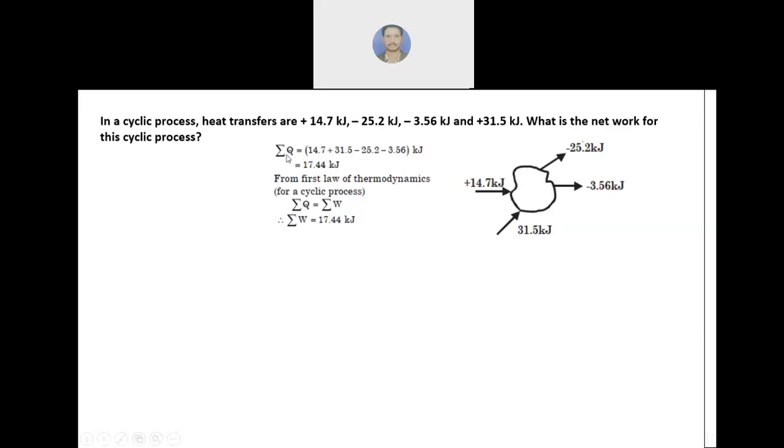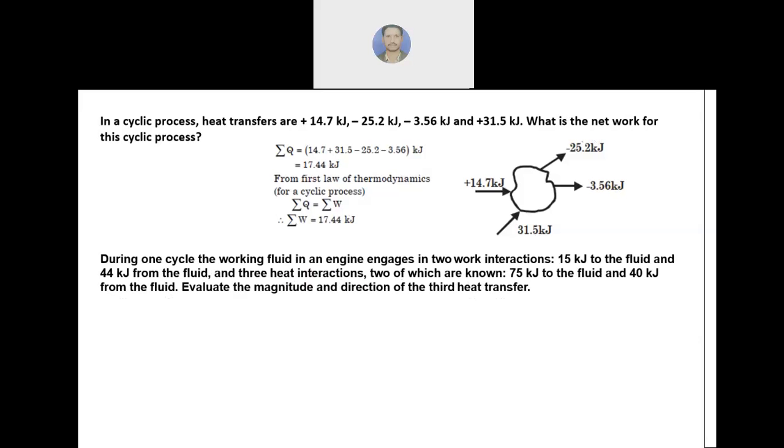Now what is total heat transfer? You add all these four quantities and you get the total heat transfer. From the first law for a cyclic process, this total heat transfer value, 7.44, equals the total work transfer, which is the net work you have to calculate. Clear? So this is one kind of numerical based on the first law of thermodynamics. These can come in the exams.